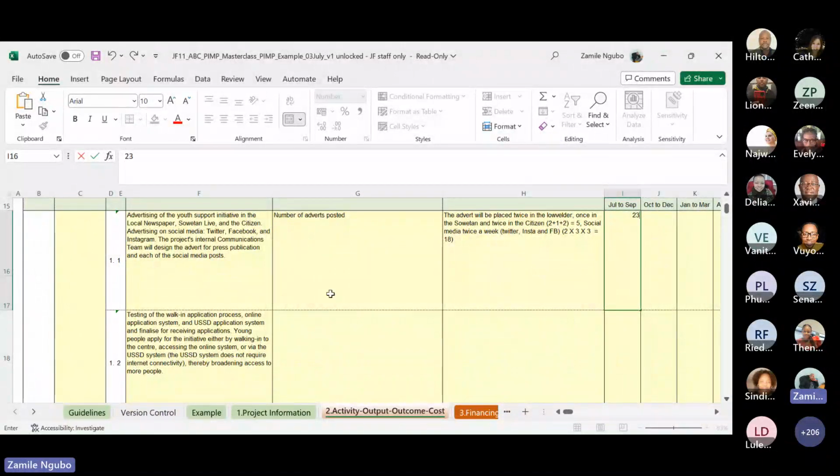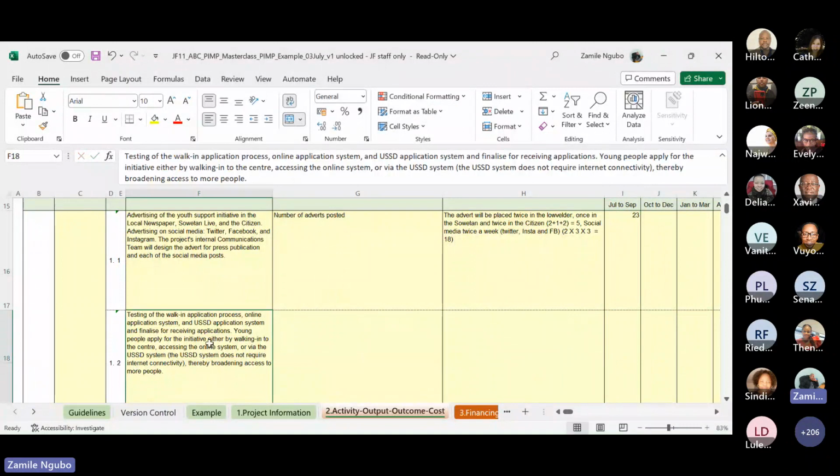So the second sub-activity will be the receiving of walk-in applications. So there will be different application processes. We'll be having a walk-in, an online application system, and a USSD application system to finalize receiving of applications. So young people apply for the initiative either by walking in, accessing the online system, or via this USSD system.